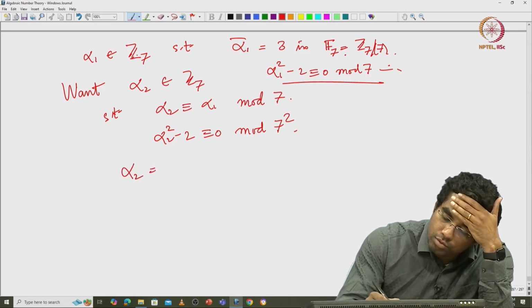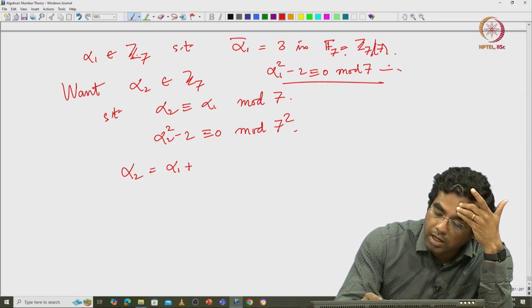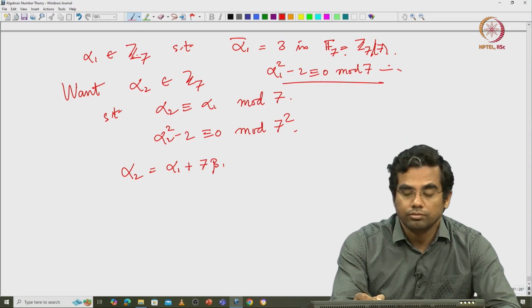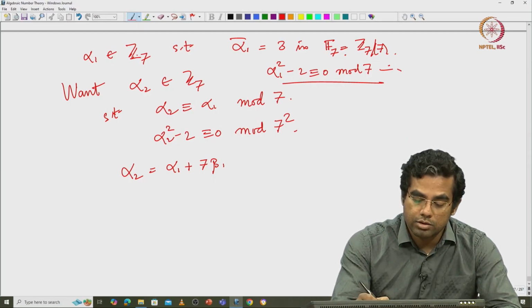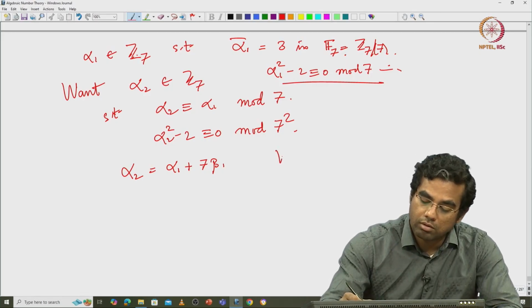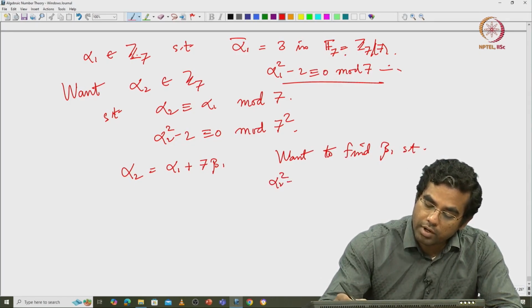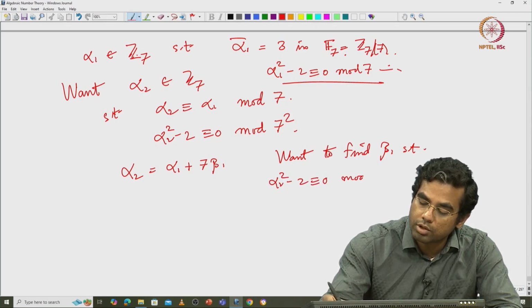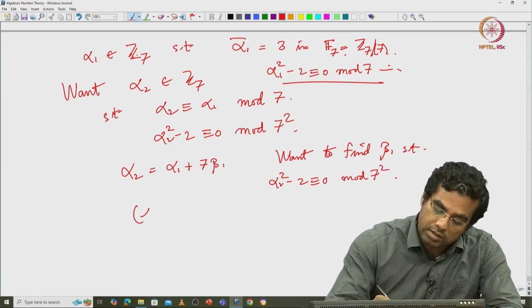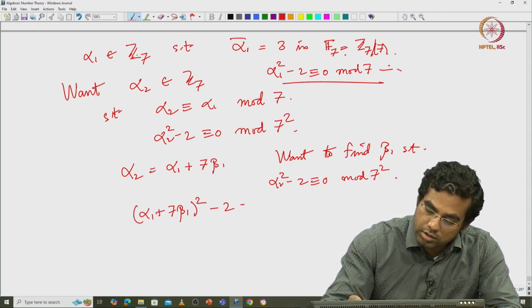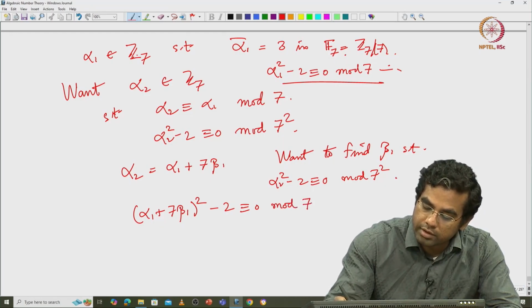Well, I take alpha 2 to be alpha 1 plus 7 times some beta 1. I do not know what beta 1 is. So, I want to find beta 1 such that alpha 2 squared minus 2 is congruent to 0 mod 7 squared, but I rewrite this as alpha 1 plus 7 beta 1 squared minus 2 is congruent to 0 mod 7 squared.